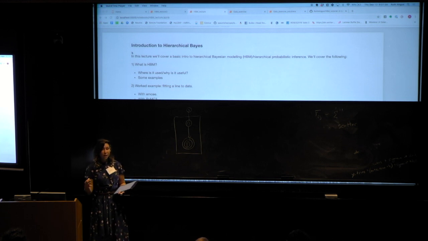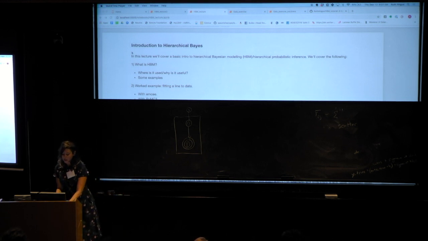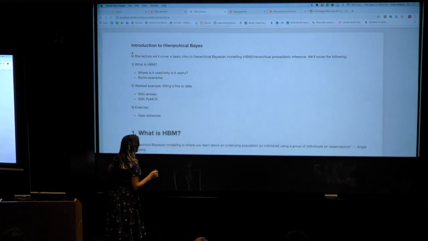So hierarchical modeling, you can think of it as where you're learning about some underlying population or an individual using a group of individuals. In fact, I have a quote on my slides.